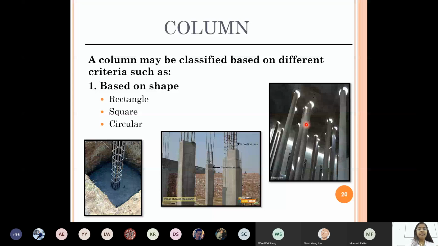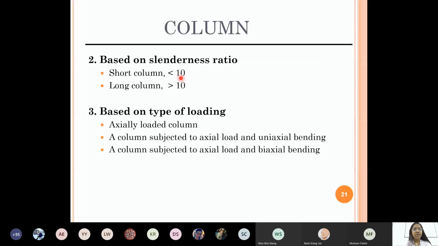Okay, following. Based on slenderness ratio. What is slenderness ratio? Why they didn't give the ratio here? Okay, anyway, a short column or a long column. The ratio determines whether the column is a short column or long column. Short column will be less than 10. The slenderness ratio will be less than 10 for short column, more than 10 for long column.